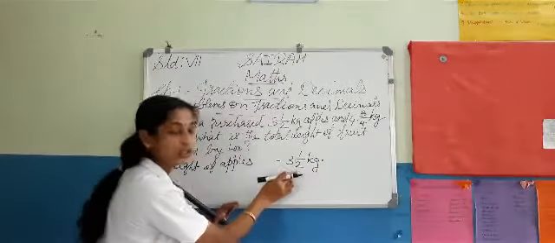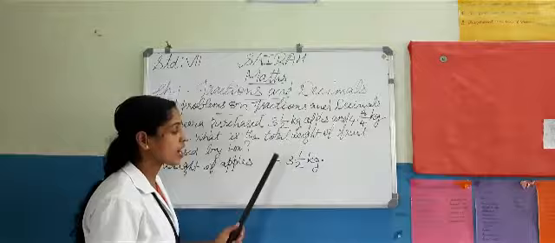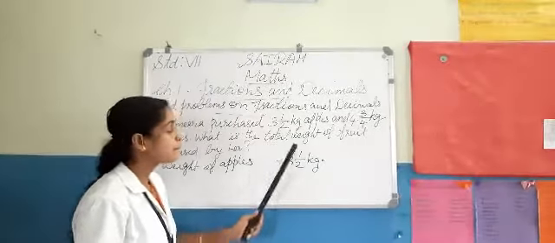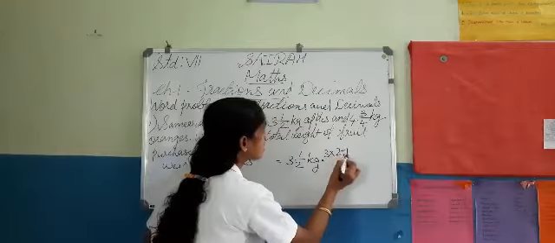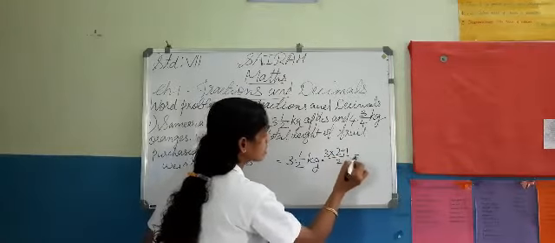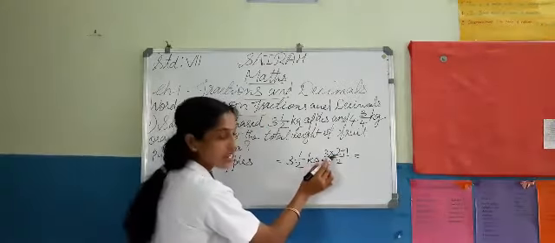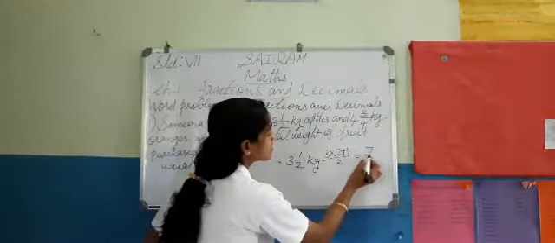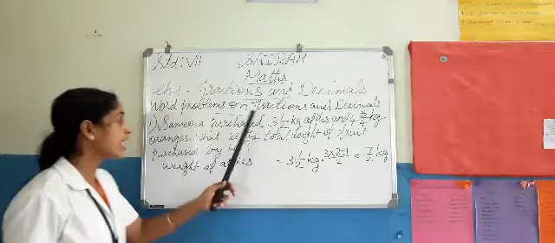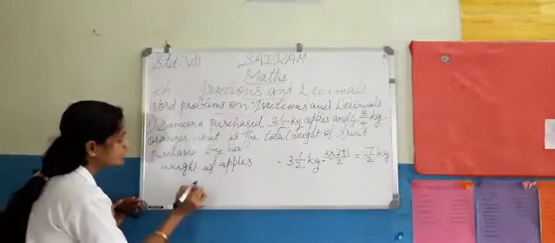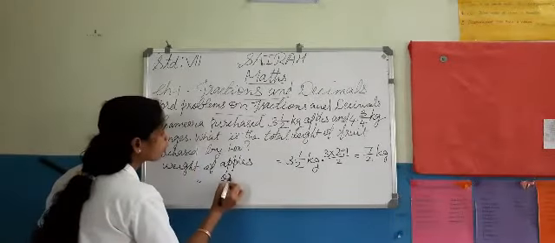Yes, 3 into 2 plus 1 over 2. That is equal to 3 2s are 6 plus 1, 7/2 kilogram.